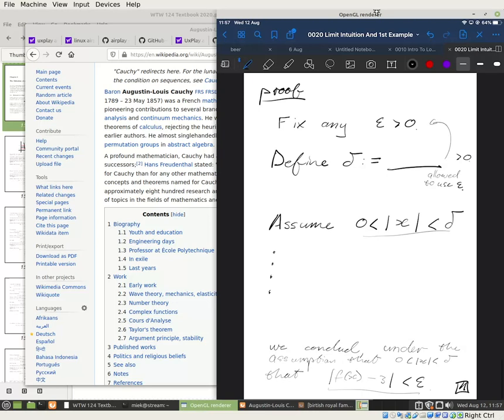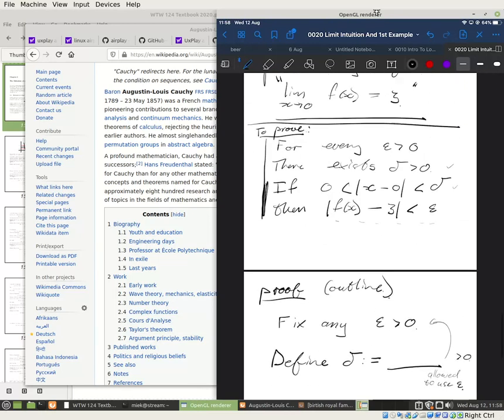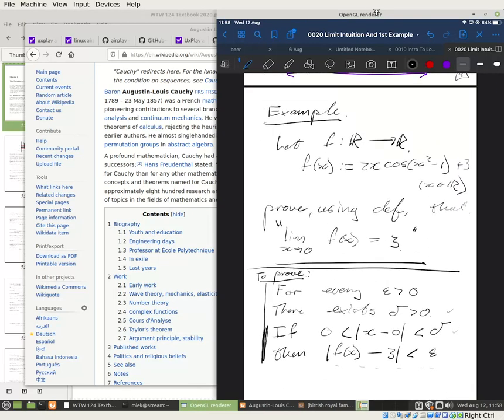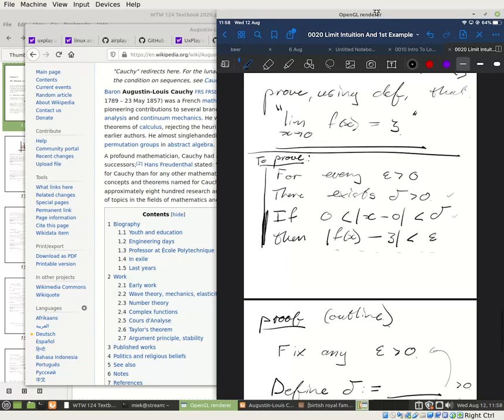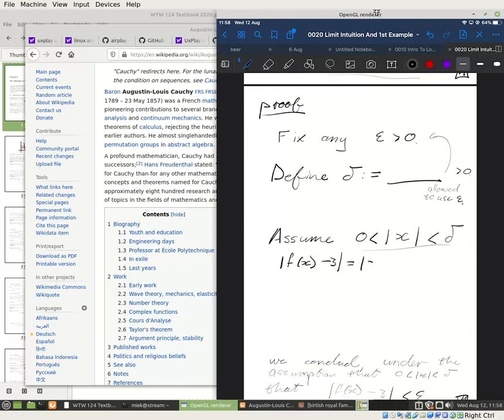So let's start here. We are interested in this expression, absolute value of f of x minus 3. Let us substitute f in. What is f? f is 2x cosine of x squared minus 1, plus 3. So we have absolute value of 2x cosine of x squared minus 1 plus 3 minus 3.